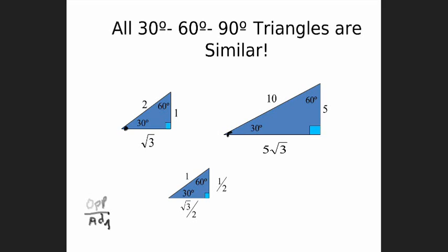So on all these guys, this is the opposite, and these are the adjacents down here on all the triangles. And you're going to see the numbers come out the same. Let's do one more. Let's also divide the adjacent on all these guys divided by the hypotenuse. You're going to find out that the ratios on this guy are the same as the ratios on this guy, are the same as the ratios on this guy.